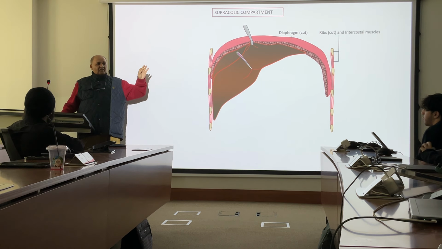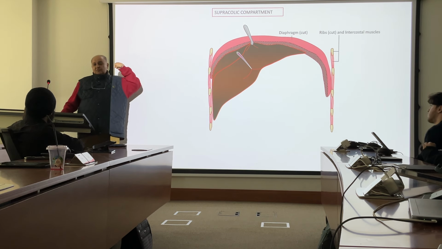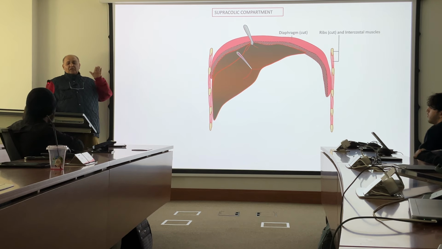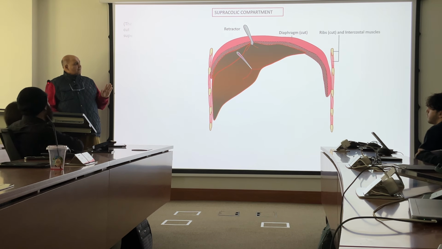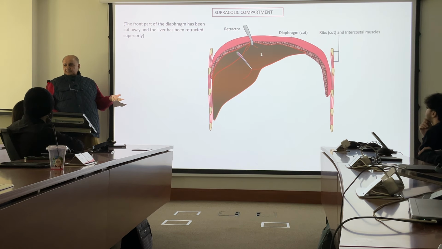The second part of the duodenum travels from supracolic to infracolic by going through this layer. Otherwise, the supracolic compartment organs live above this sheet, and infracolic compartment organs live below it. Are we clear?